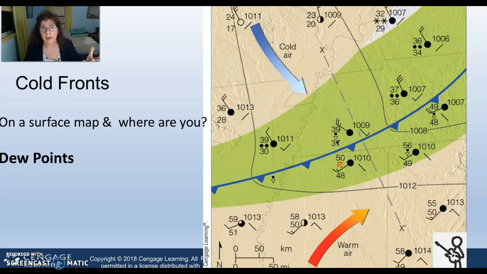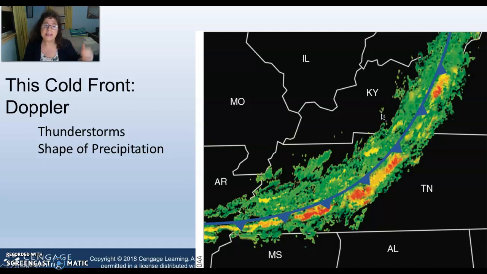Another tool for finding fronts is to look for these dramatic changes in dew points. You see it there. And this is another way to find a front. You can look on Doppler radar, which is just looking at sound transmission through precipitation.